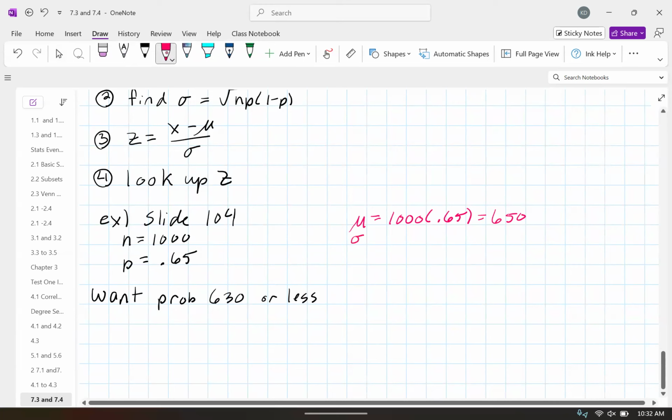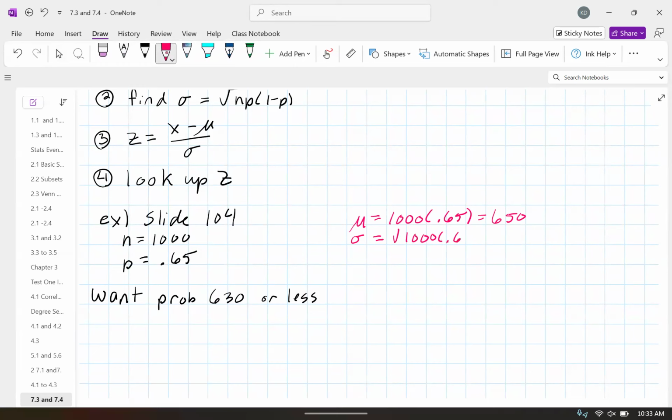My standard deviation, I should write this out: 1,000 times 0.65 times 0.35. Square root that thing. 15.1.